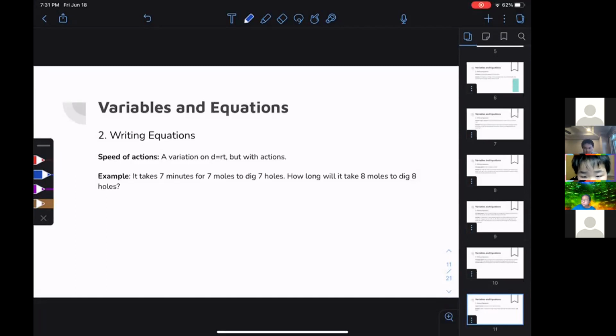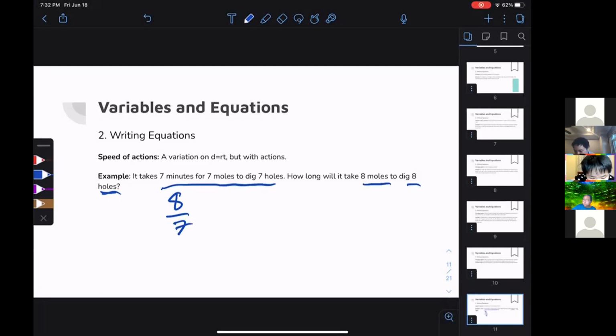Yeah, that's right. And that's what's kind of deceptive about this problem: you see 8 moles digging 8 holes, you see 7, 7, 7 here, but it's actually still 7 minutes. Why is that? Because the amount of work they have to do is 8 holes instead of 7. So that should take them 8 over 7 times as long, because that's the factor of increase for the work done.